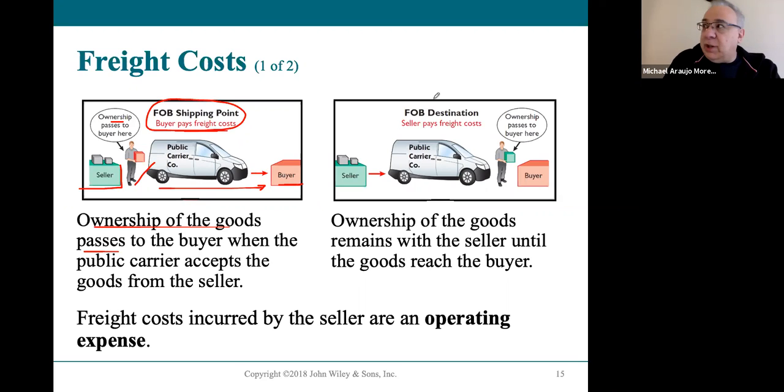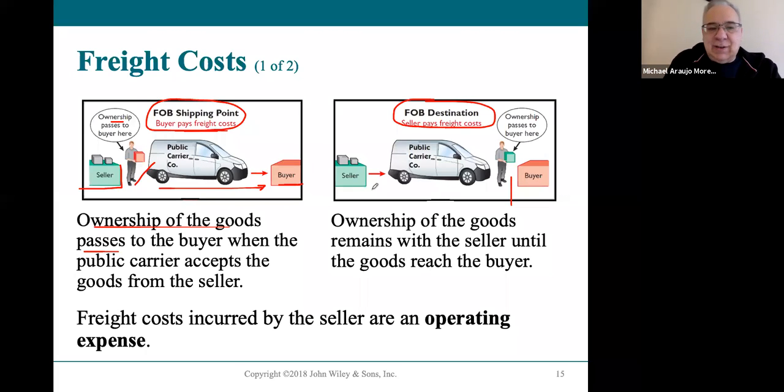The other option that is available is something called FOB destination. It's a less common option, but in this case, the ownership of the goods doesn't transfer until it actually reaches the destination where the buyer is located.